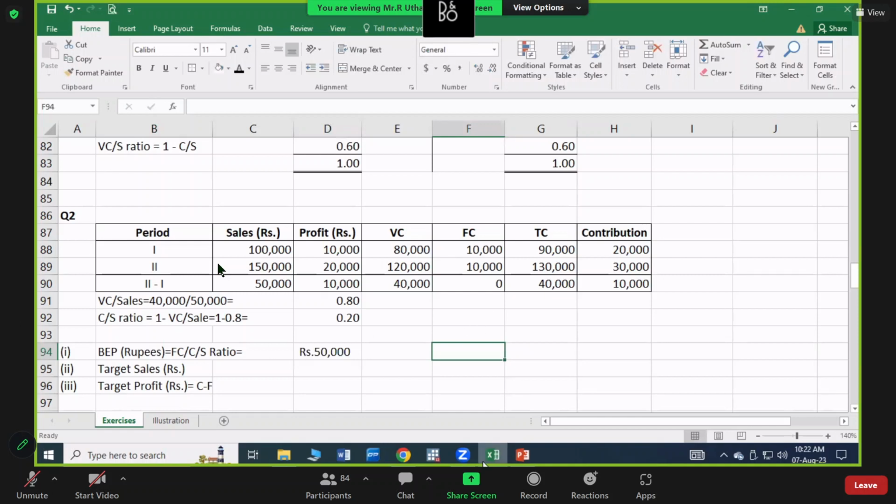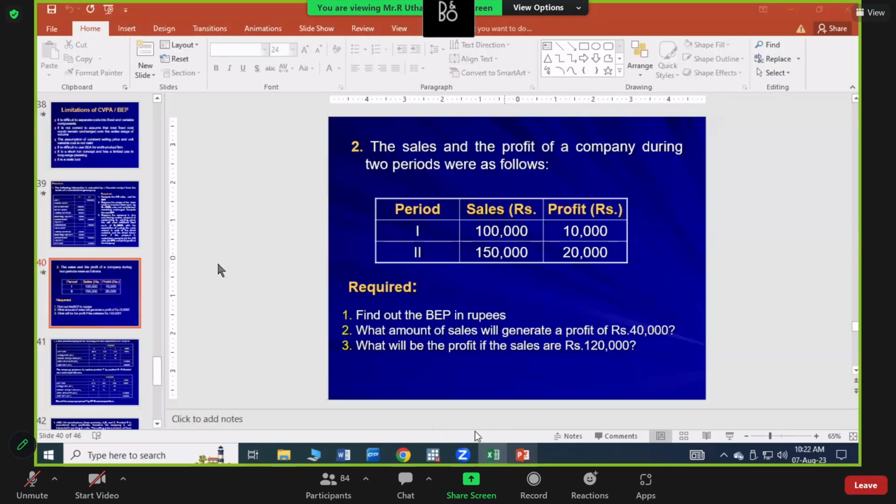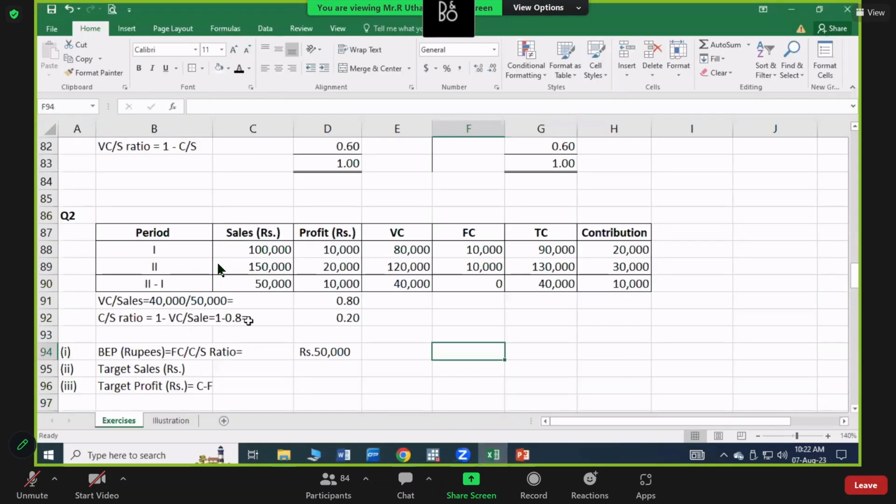So the next question has been asked: what is the amount of sales which can generate a profit of 40,000? So it's called target sales. For target sales, what can you write?